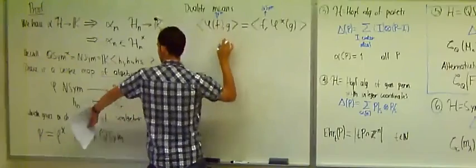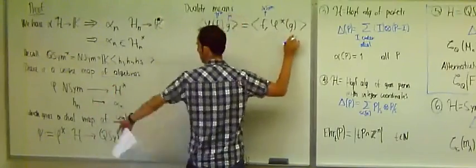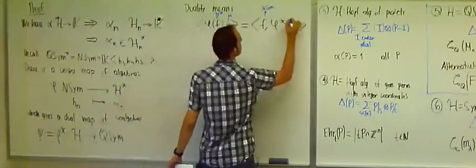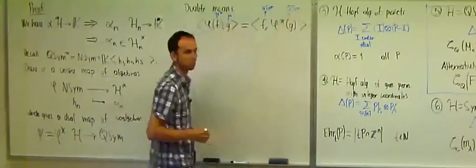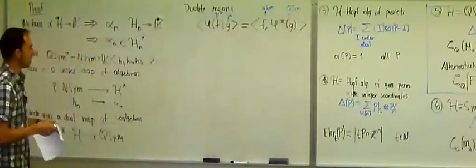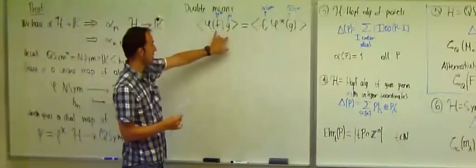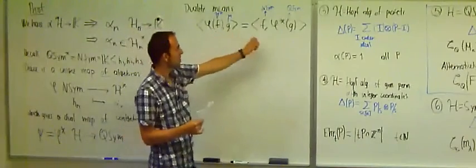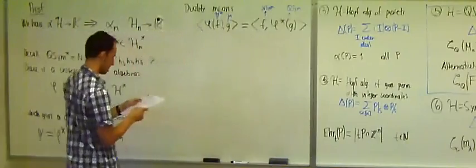And g lives in H, and phi star sends it to QSYM. Okay? So this is just the pairing between the Hopf algebra and its dual, and this is the pairing between NSYM and QSYM, which are duals to each other. Okay?